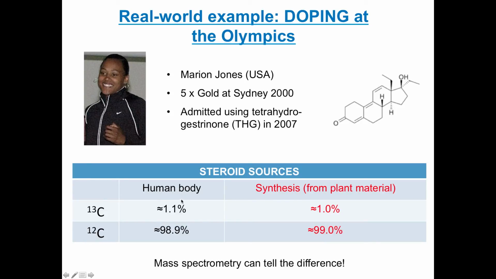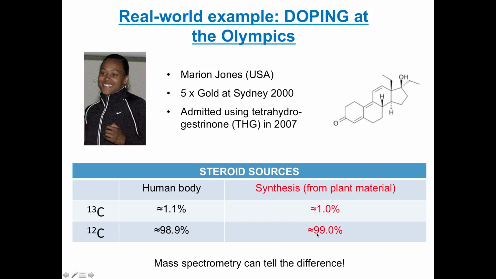So it turns out that in the human body, we're naturally producing steroids like this. And the steroids that we make naturally contain about 98.9% carbon-12 and 1.1% carbon-13. That's the natural abundance of carbon-12 and carbon-13 in our body. If you're doping, you're taking steroids that are likely originally from plant material, and from plant material, the isotope pattern is slightly different.